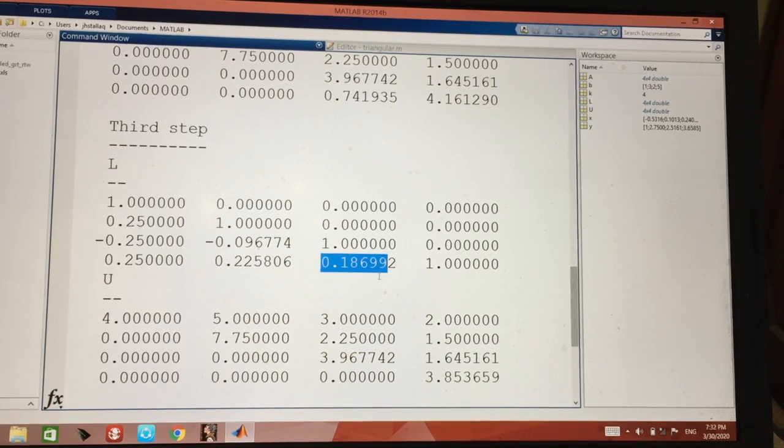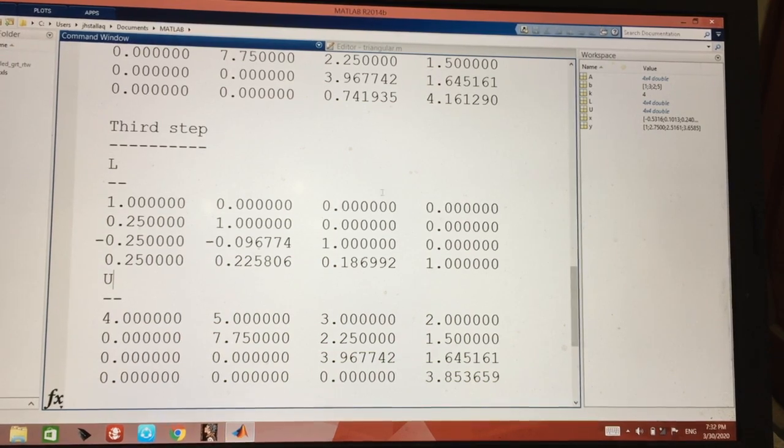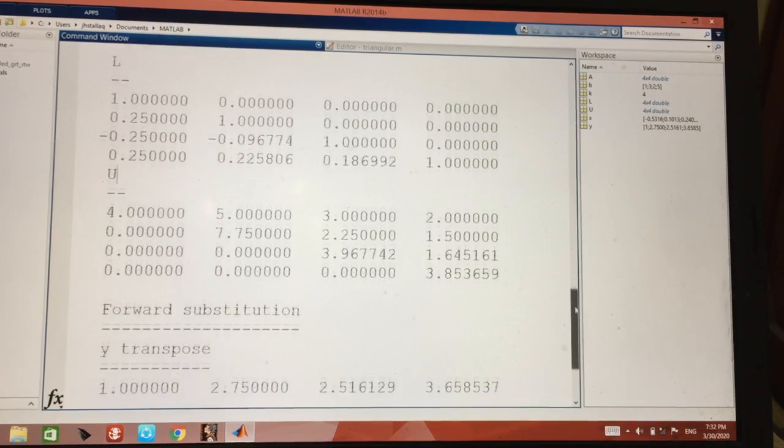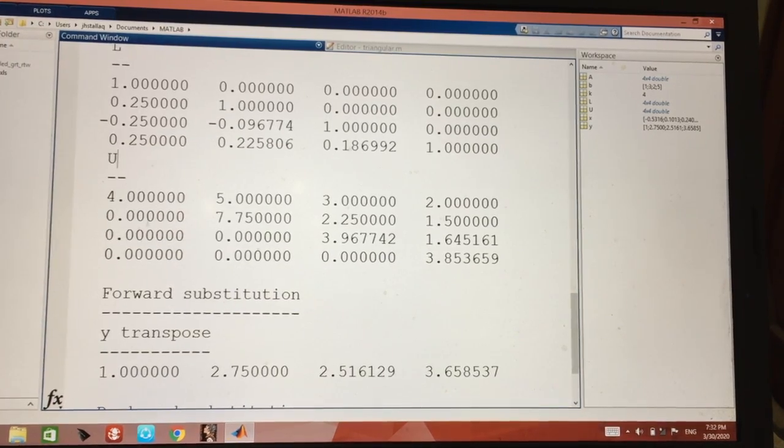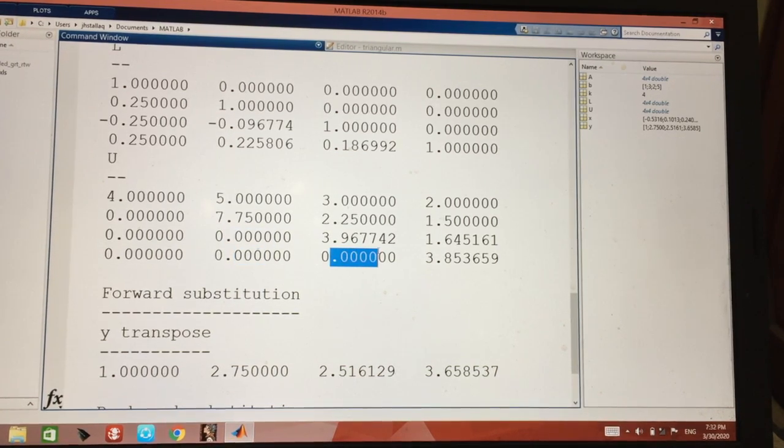Now you see that L is a full lower triangular matrix with diagonal elements equal to 1 and the off-diagonal elements are there. All the upper elements are 0 because we did not interfere with them. And in the upper triangle, you have this 0, from the first step, and this from the second step, and this from the last step, or third step.